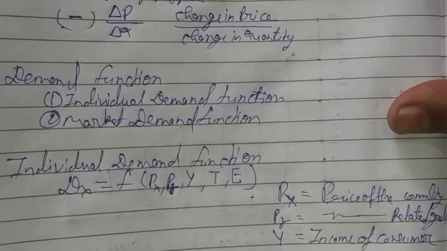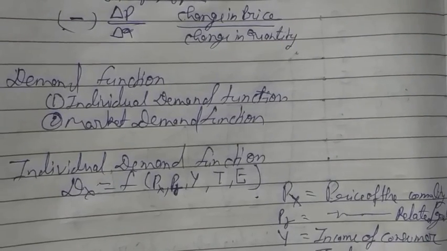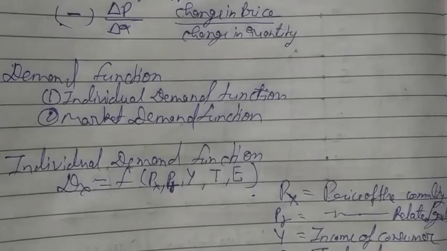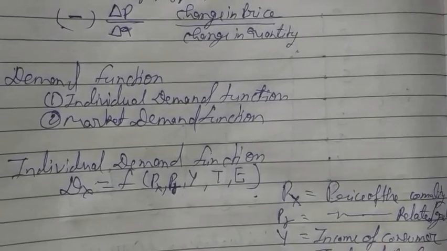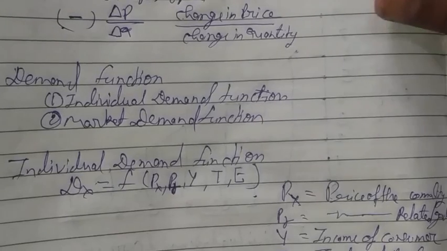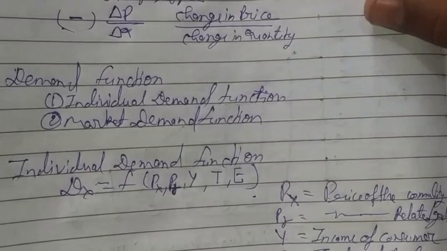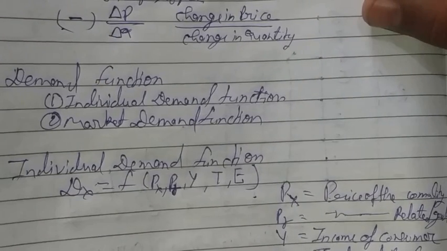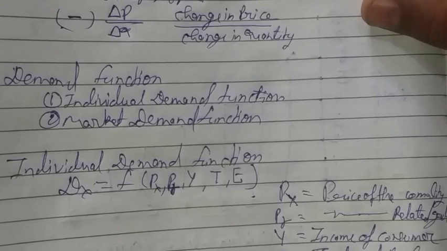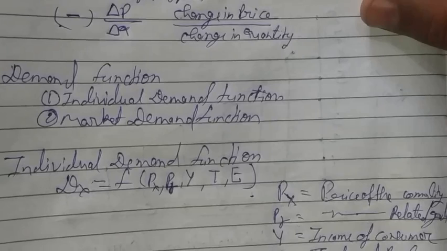T is taste and preference. And E means expectations of the consumer.